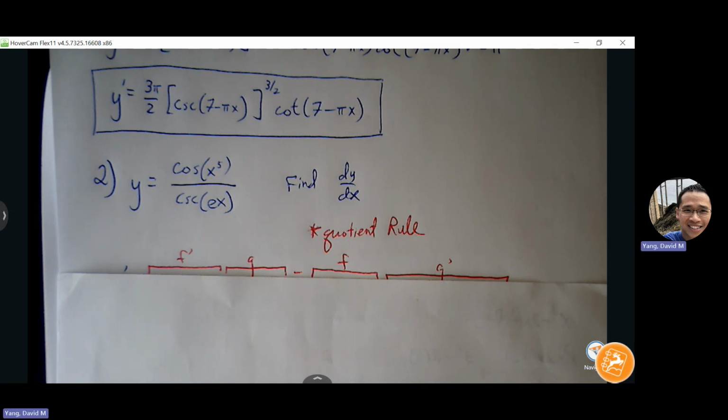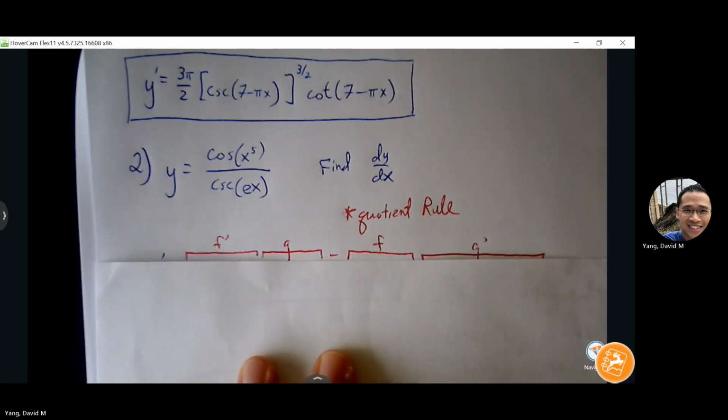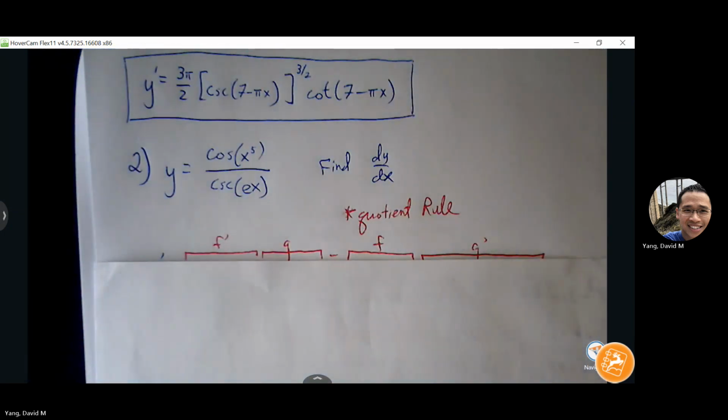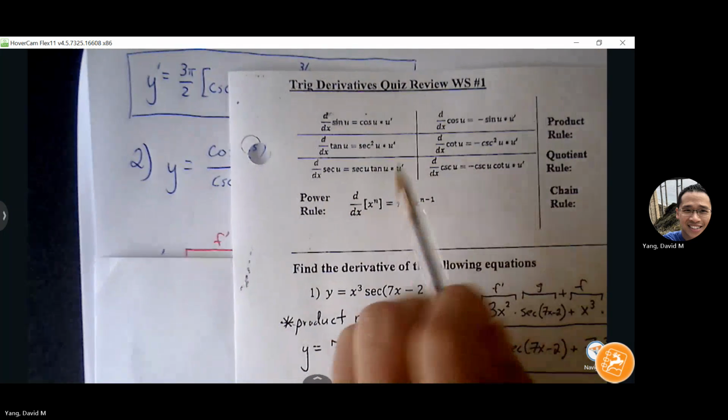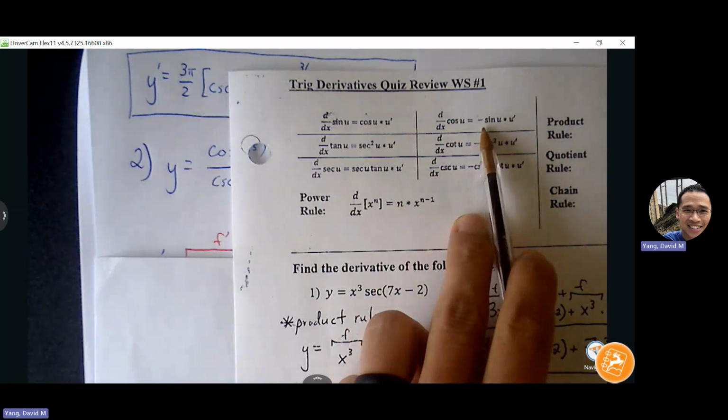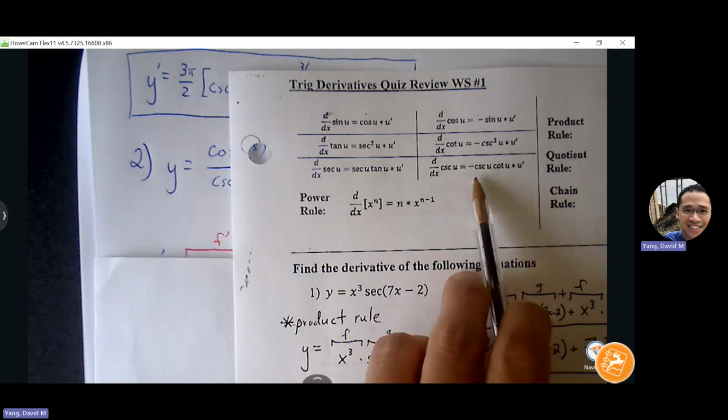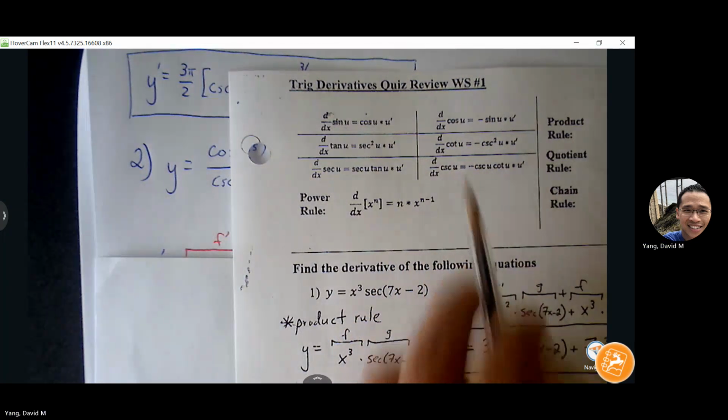Right, cosine's derivative is negative sine, cosecant is negative cosecant cotangent.